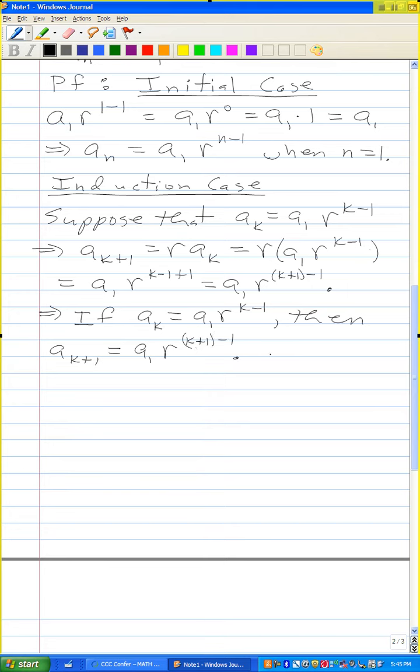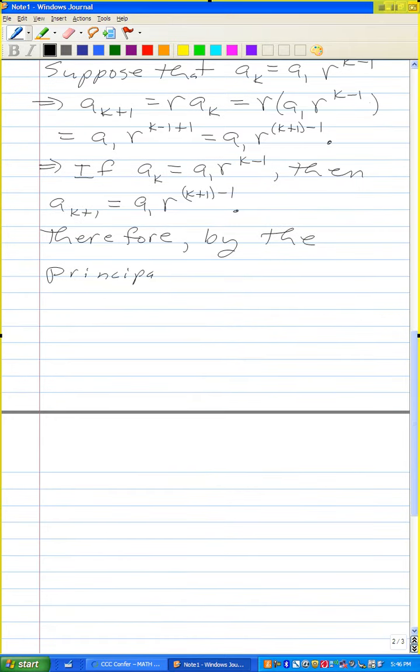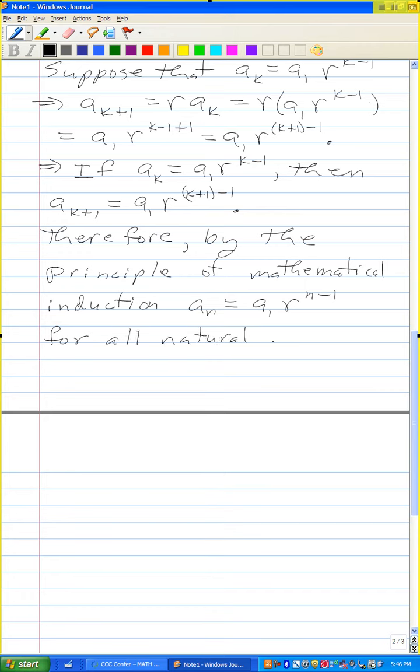So since both the initial and induction cases work, then by the principle of mathematical induction, the formula works for all natural numbers. So I'm done.